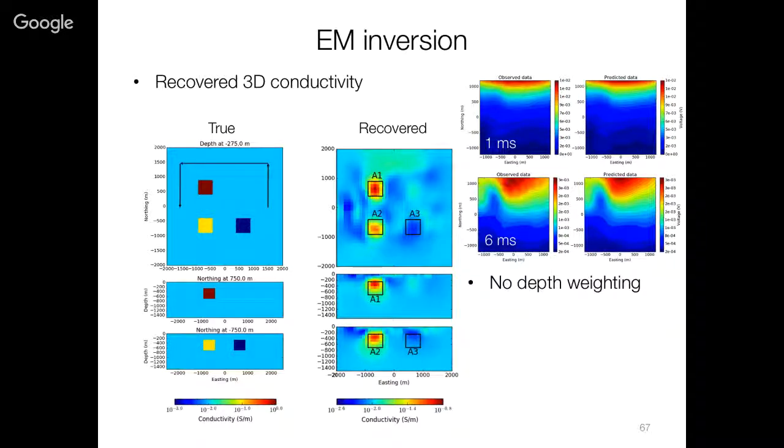If we, however, take those data and invert them with an electromagnetic signal, so now we say this is a full EM problem, we're going to invert with depth weighting. We've got multiple time channels, and you get a large conductivity here, smaller there, and that's fitting for a time channel.